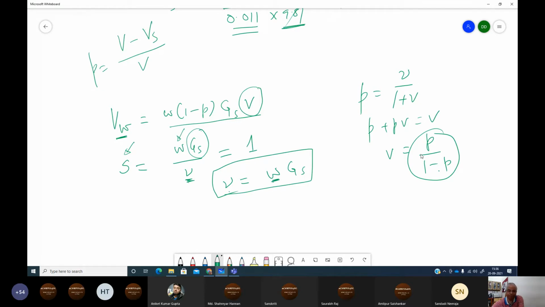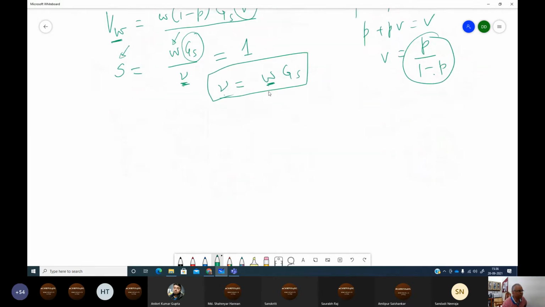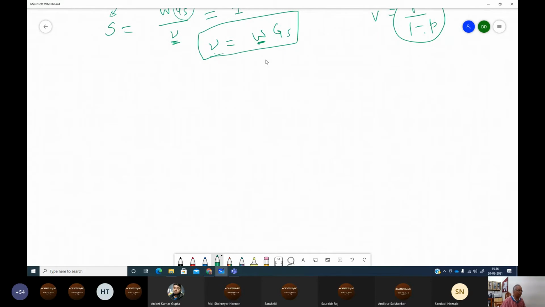Okay. So like that, various interesting relationships are there in weight and volume of soil, sometimes also of rocks, or coal. You know, those are very important information to us.